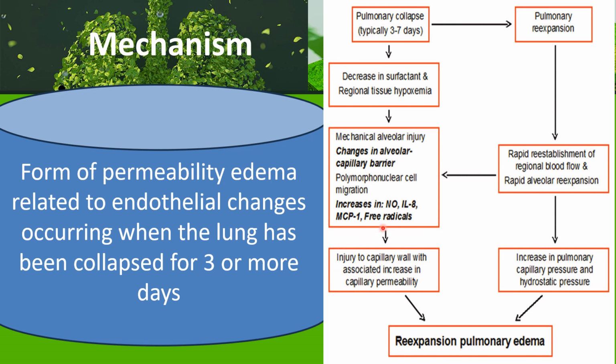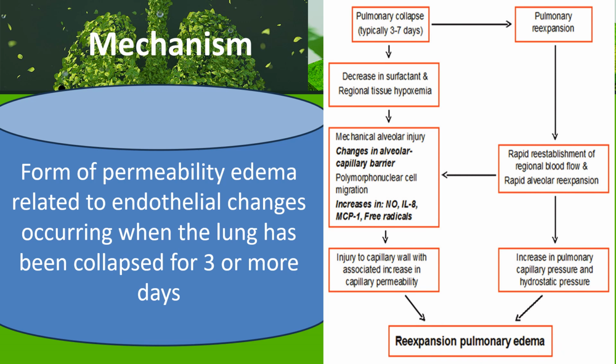So once blood flow returned, with the migration of polymorphonuclear cells, interleukins and free radicals already present, the capillary wall was injured. The sudden increase in blood flow caused capillary damage, and increased capillary permeability caused re-expansion pulmonary edema. So both the capillary permeability and the hydrostatic pressure increase, in that area of collapse, cause re-expansion pulmonary edema.